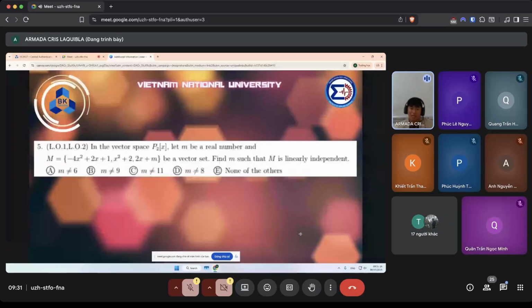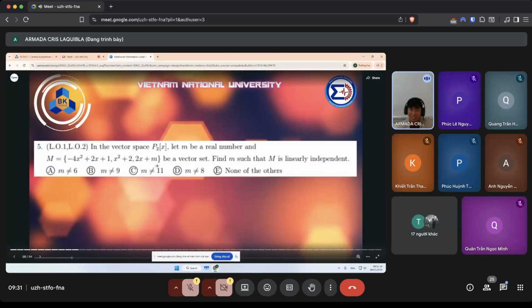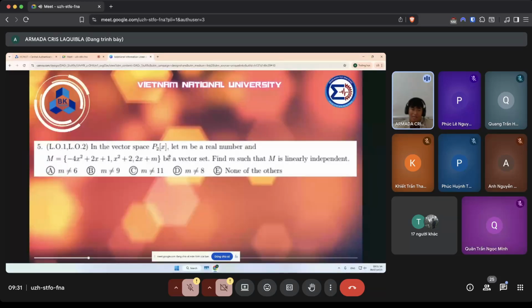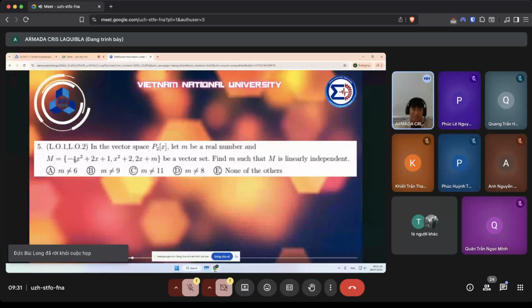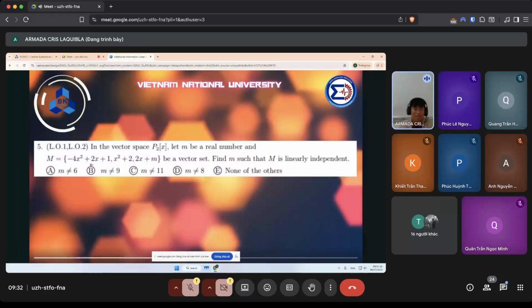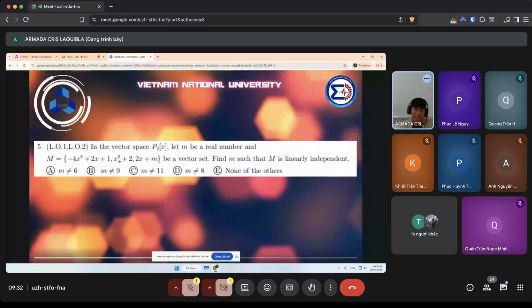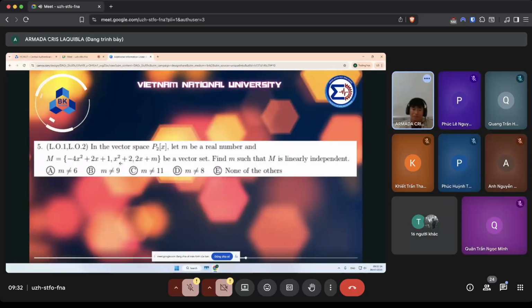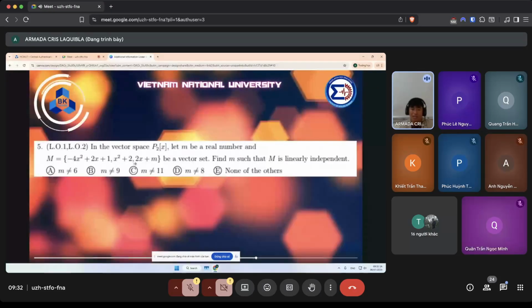Number 5, in the vector space P2(x), let m be a real number and m is equal to this vector set. Okay. Now, as you can see here, the vector set are written in quadratic expressions. Okay, so what to do here?